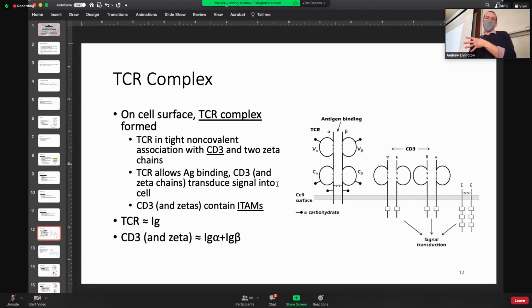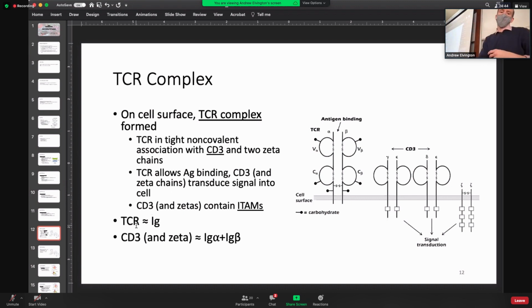And that allows the activation of these regions called ITAMs. What does the A stand for in ITAMs? Activating. And so the ITAMs are these tyrosine residues. You can see you have a lot on the zeta chain, so they are good at getting this signaling going. These ITAM regions will get phosphorylated. That will allow other proteins to come, and that will transduce the signal, so the cell gets activated.